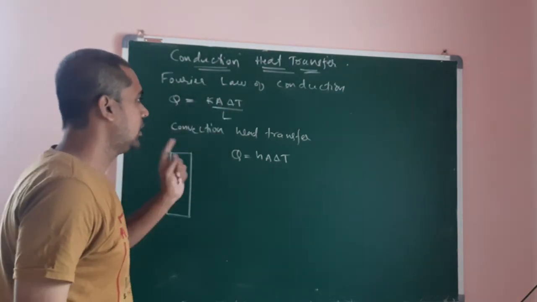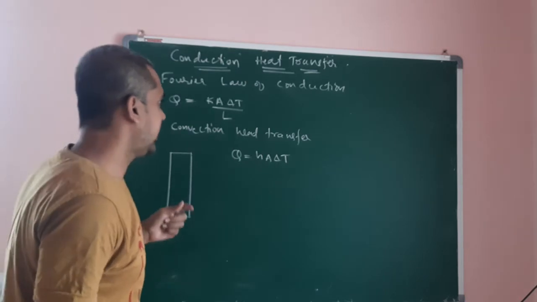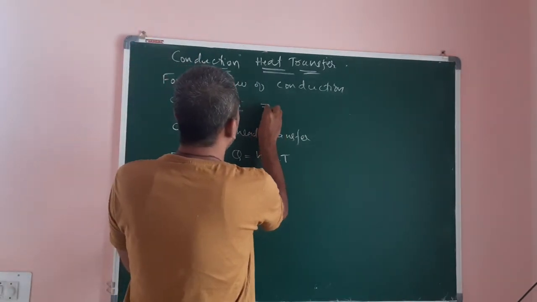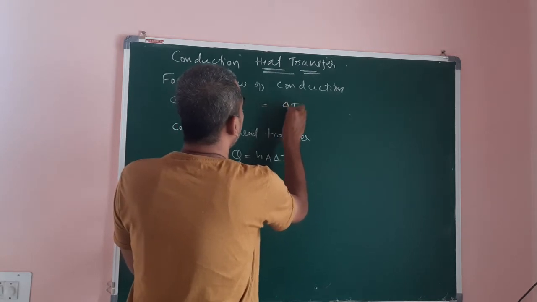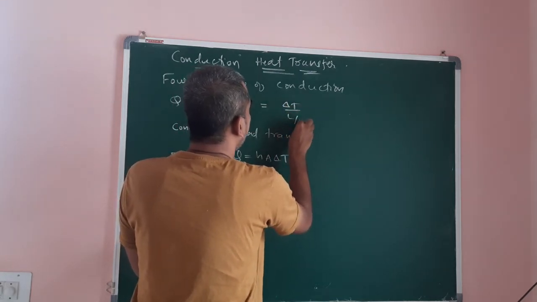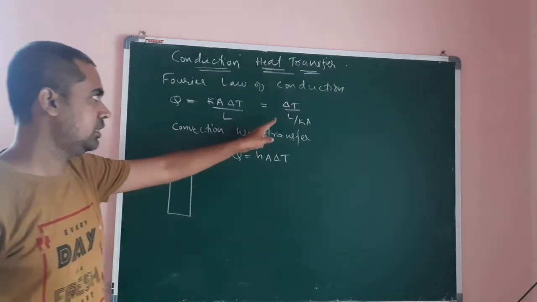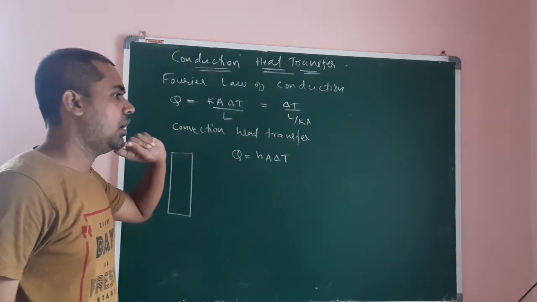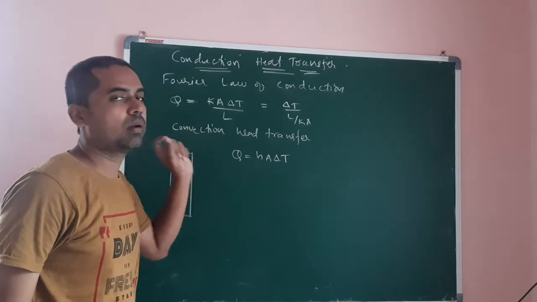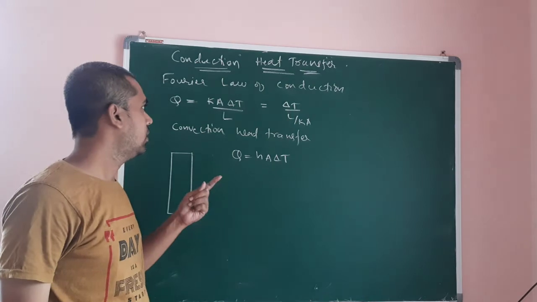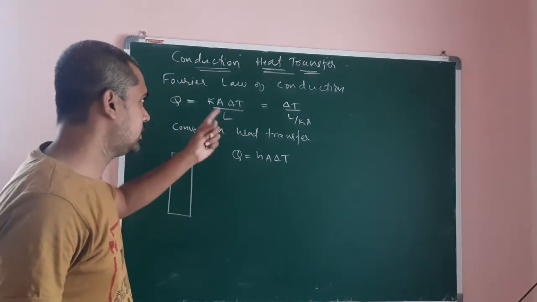Conduction heat transfer we can write like this also. Q is equal to delta T divided by L by KA. This L by KA is called thermal resistance. It can be expressed in terms of electrical analogy.